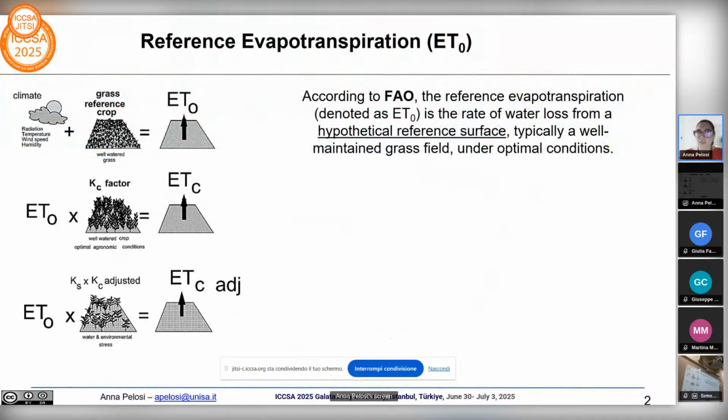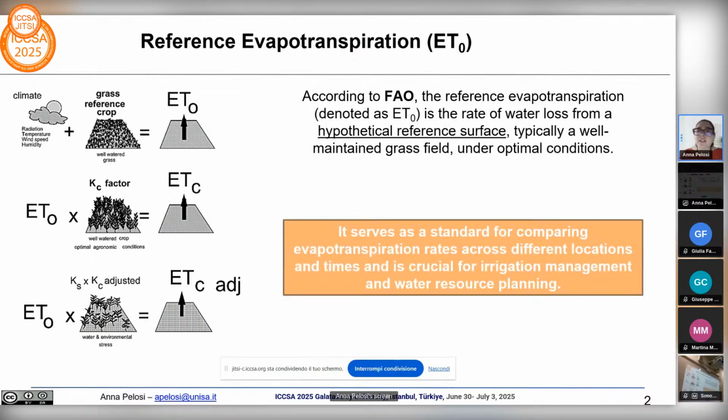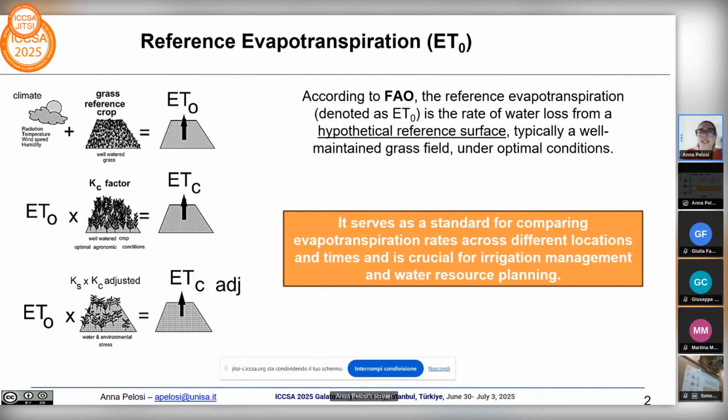According to the Food and Agriculture Organization, the reference evapotranspiration is the rate of water loss from a hypothetical reference surface due to evaporation from soil and leaves and transpiration from plants. Typically, this hypothetical reference surface is a grass field, well watered and with optimal agronomic conditions. This definition serves as a standard for comparing evaporation rates across different locations and times, and it is crucial for irrigation management and water resource planning.